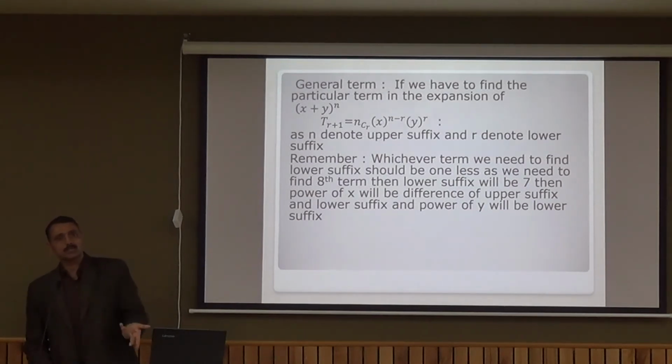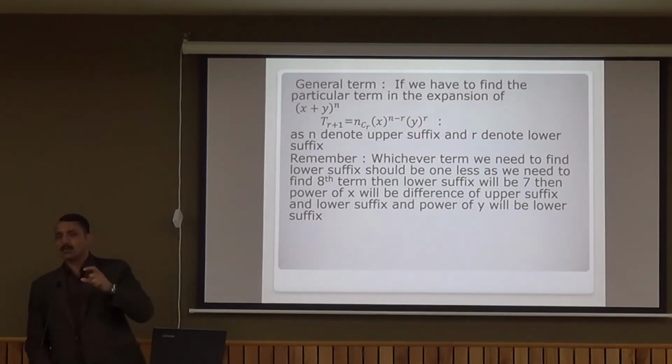So he can ask you to find the 15th term, 12th term, 11th term, 7th term, any term in the expansion of (a+b)^20. So we can use T(r+1). T(r+1) indicates the term which we have to find. So T(r+1) is equal to nCr x^(n-r) a^r. You just observe the binomial coefficient.